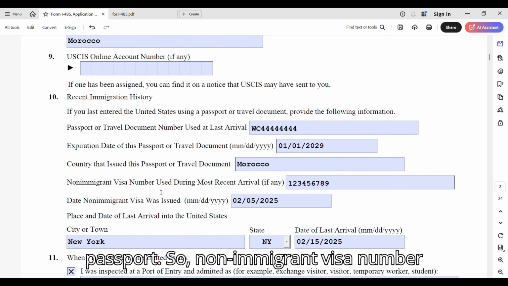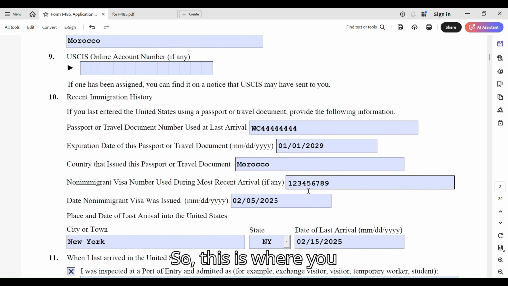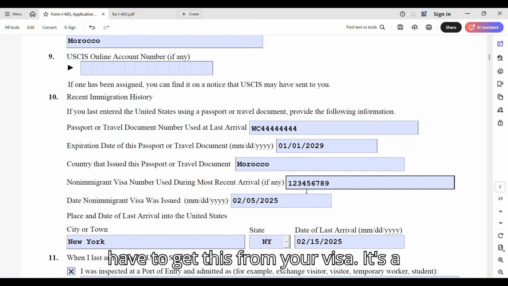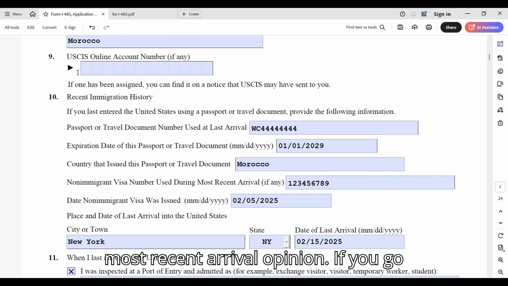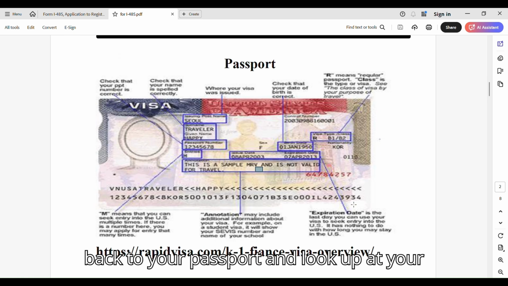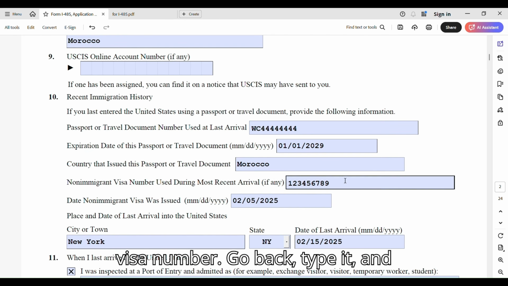Non-immigrant visa number used during most recent arrival, if any. This is where you have to get this from your visa. If you go back to your passport and look up at your visa, this is your visa number right here, at the bottom right here. This is your visa number. Go back, type it right here.